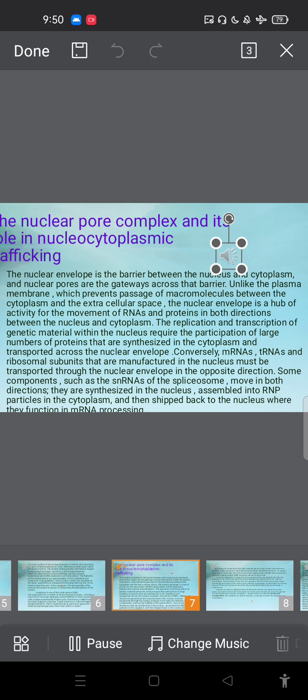Some components, such as the snRNAs of the spliceosome, move in both directions. They are synthesized in the nucleus, assembled into RNP particles in the cytoplasm, and then shipped back to the nucleus where they function in mRNA processing.